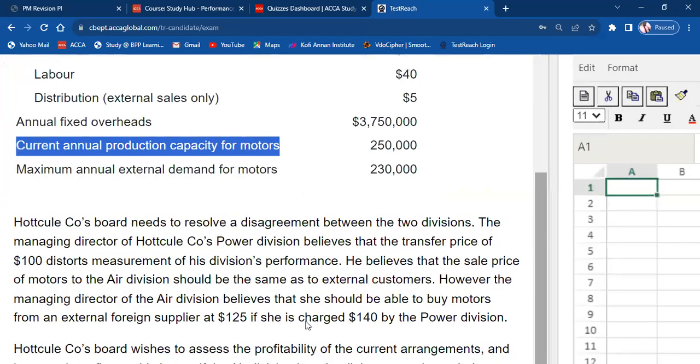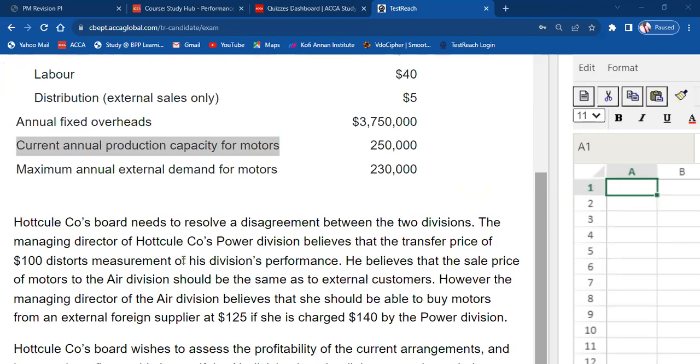The Hottcule board needs to resolve a disagreement between the two divisions. The MD of Hottcule Co's power division believes that the transfer price of 100 distorts measurement of his division's performance. He believes that the sale price of motors to the air division should be the same as to external customers, I think 140.